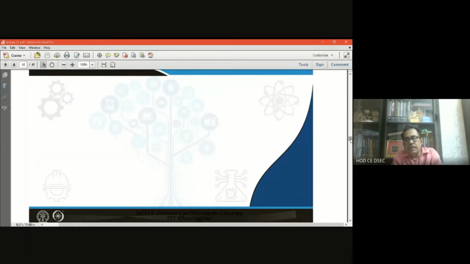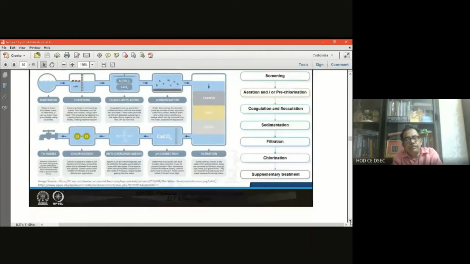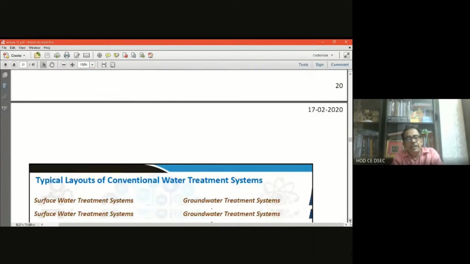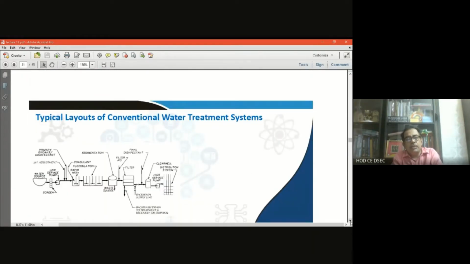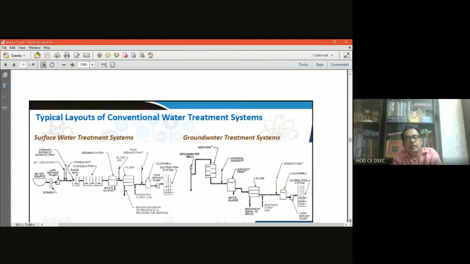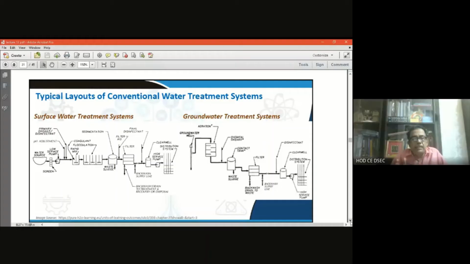Now, as per your syllabus, the treatment scheme for the surface water as well as the groundwater is to be discussed separately: one is the surface water treatment system and another is the groundwater treatment system. If the water is collected from the surface like the river, lake, pond, how will we treat the water?